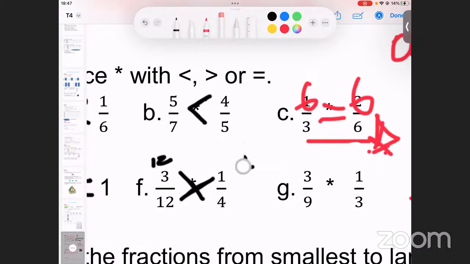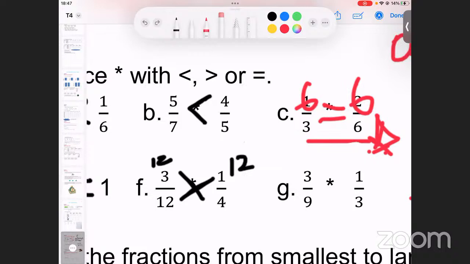Then after that, by 1 over 4, I'm going to say 1 times 12, which is 12.